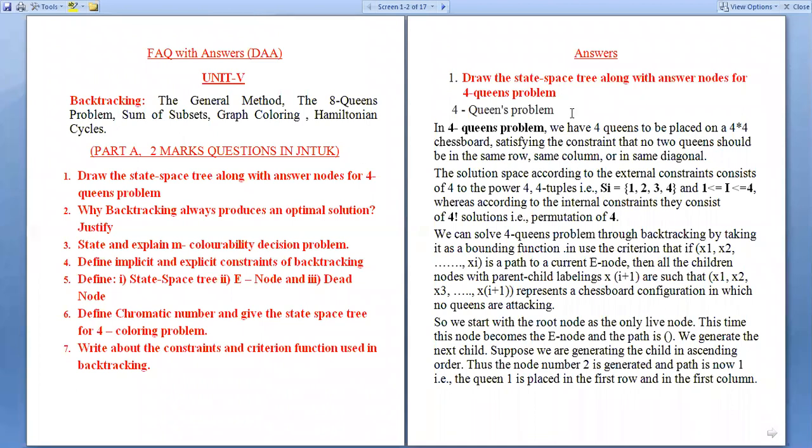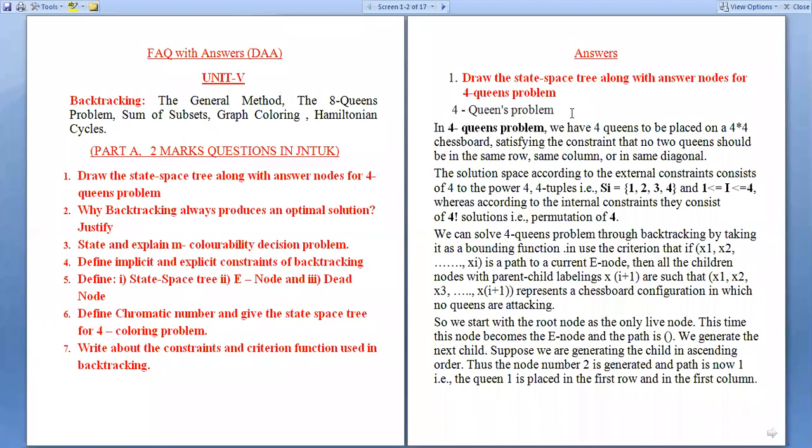What is the 4 queens problem? First of all, there are 4 rows and 4 columns in the chessboard, that is a 4 by 4 chessboard with 16 squares.